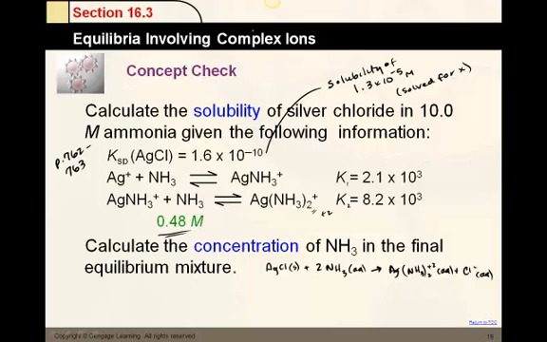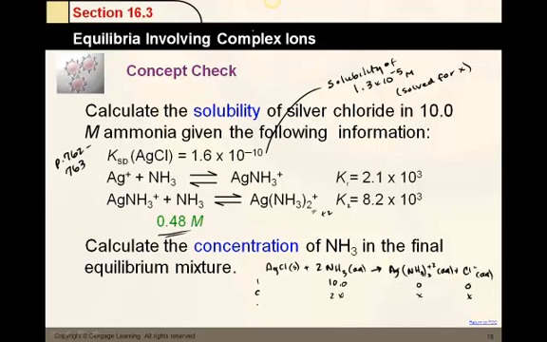So we're going to think about products over reactants. This time, however, we have some reactant and some products. It's not a traditional KSP question. We actually have 10 molar of this and no products, but we don't know how much products we're producing.